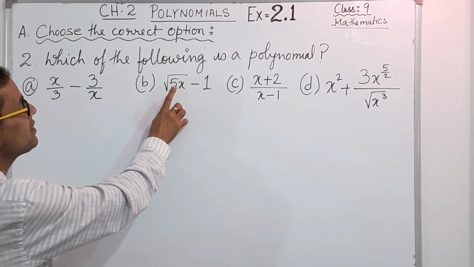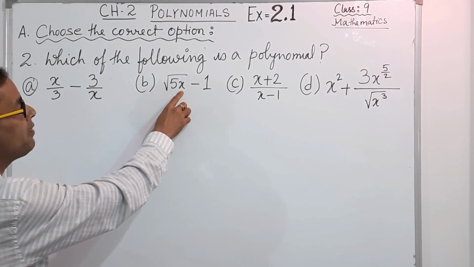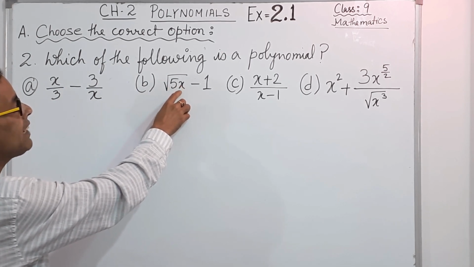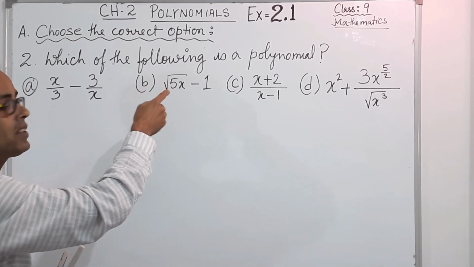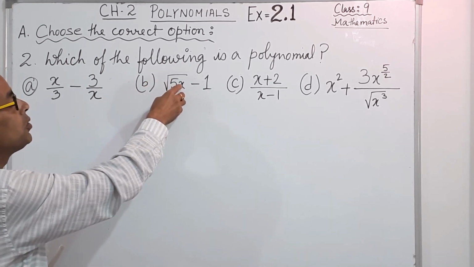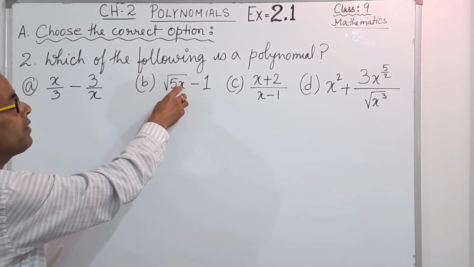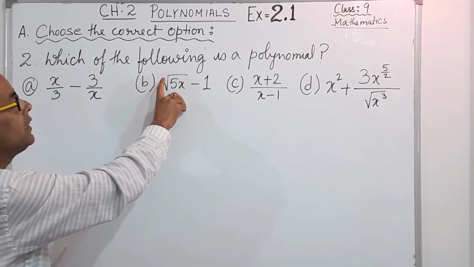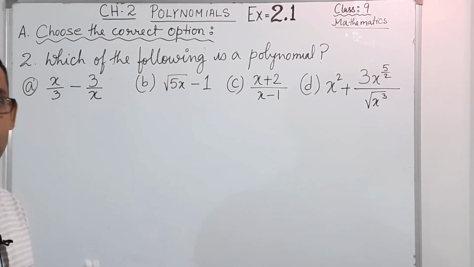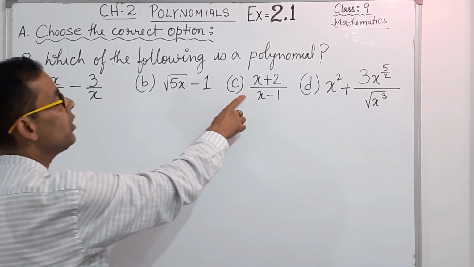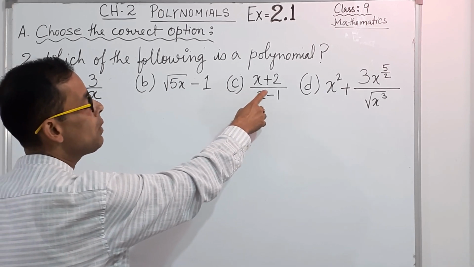Now here you see the second one, root over 5x. So this x is within root over sign. Okay. So if you remove this root over sign, then it will become what? 5x. Okay, 5x is there. If you remove it, then this will become x to the power half. So fraction is also not a polynomial. Then third one also you can see downside, x to the power 1.